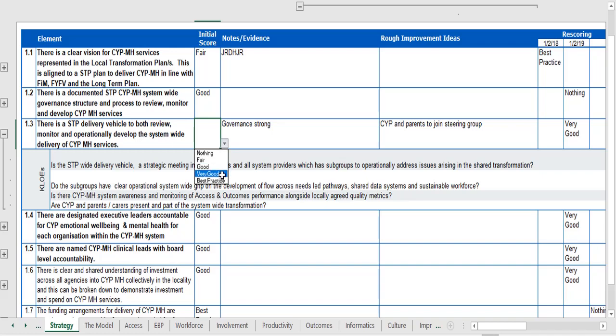Very good, where it's quite established and robust, been through that sort of storming and norming phase. Or best practice, an example where you think other systems could learn a considerable amount from what you've done. This is where you've not only had your system set up in that way, but you've really embedded it and refined it and got it to a place where others can learn from it. So I'm going to score this at fair.